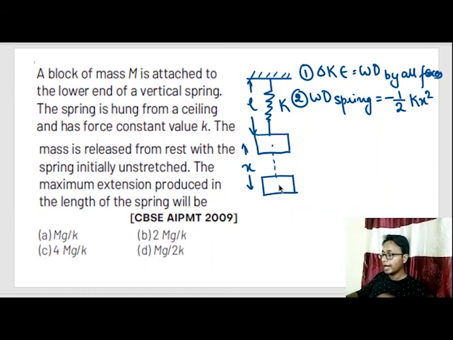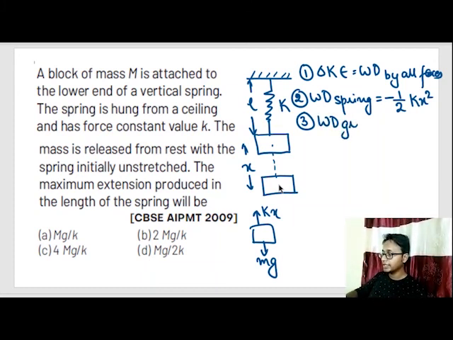And there is one more force acting here. In this block there are two forces, spring force and gravity force. The work done by gravity force is mg into x.